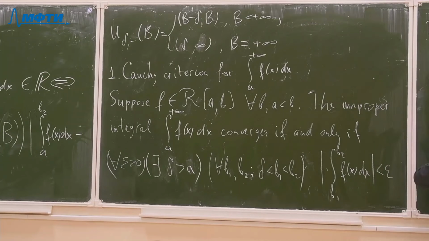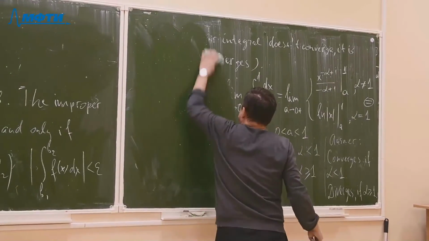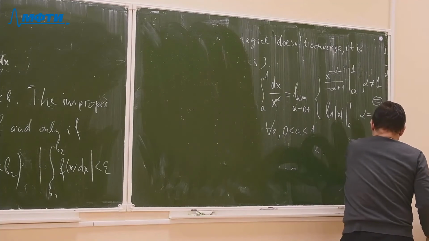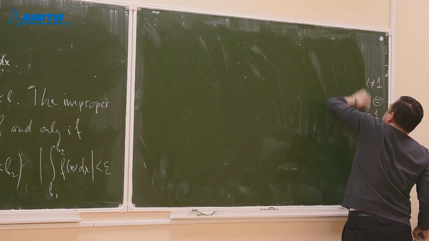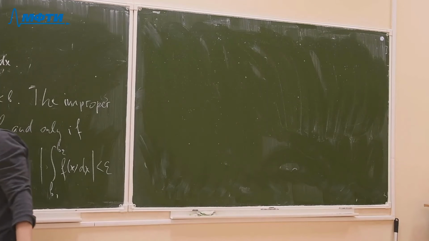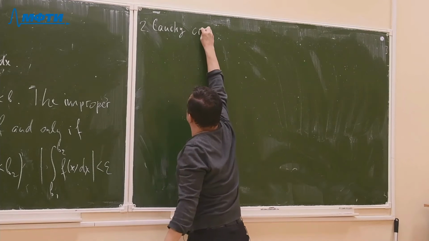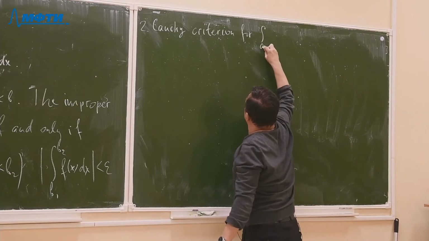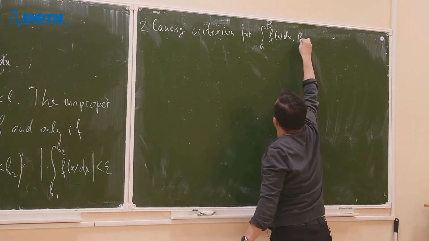And analogously, I'll formulate the Cauchy criterion for the second type of improper integral, the integral from a up to capital B of f of x dx, where B is finite.